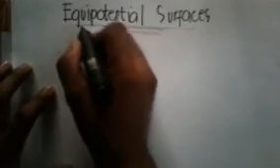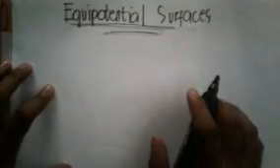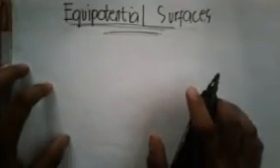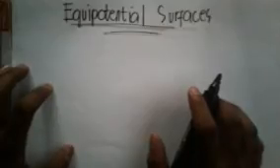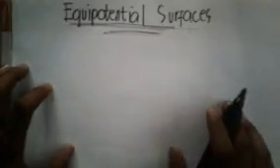Now let us discuss equipotential surfaces. Field lines help us visualize electric fields. Potential at various points in an electric field can be represented graphically by equipotential surfaces.